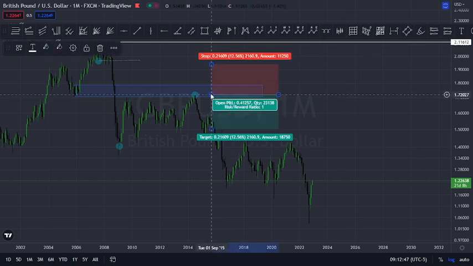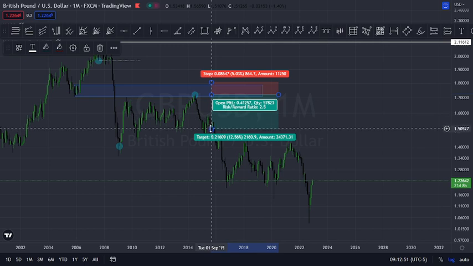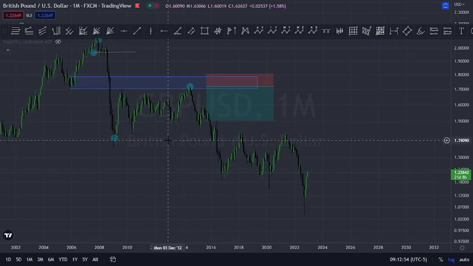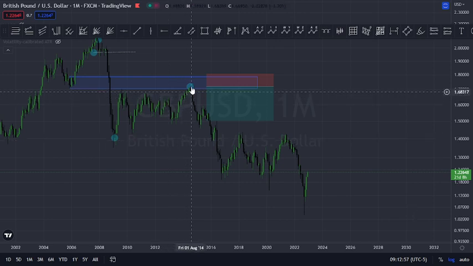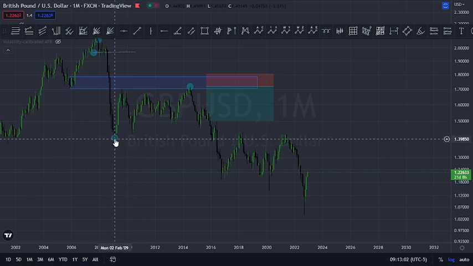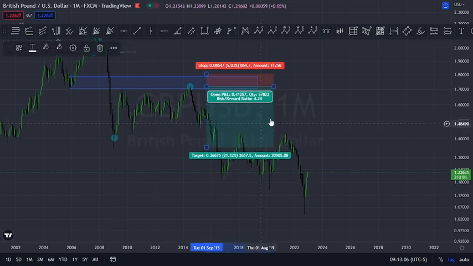Literally you can take this position, placing the stop loss here. You know that after taking the internal liquidity, the market goes to take the external, which is below these lows, so you can target even these lows and make a lot of profit.